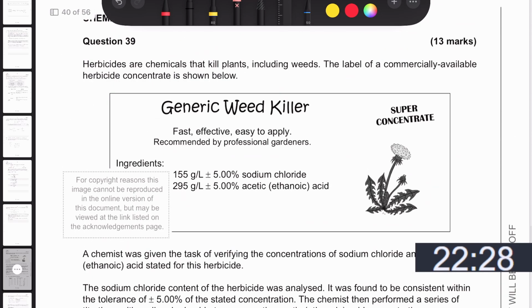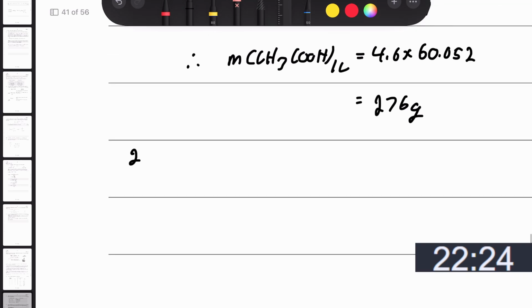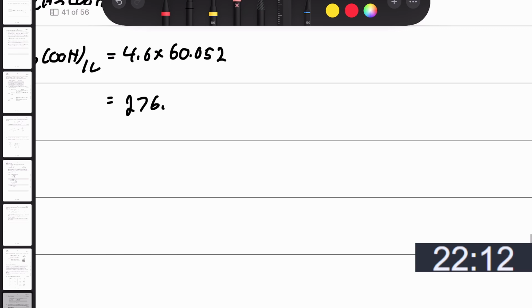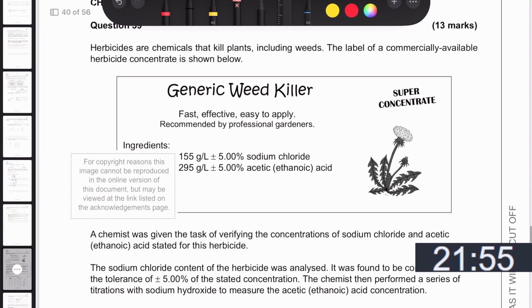276 divided by 295 times 100 is equal to, actually I'll give it to a few more decimal places. 295 times 100 is 295, right?